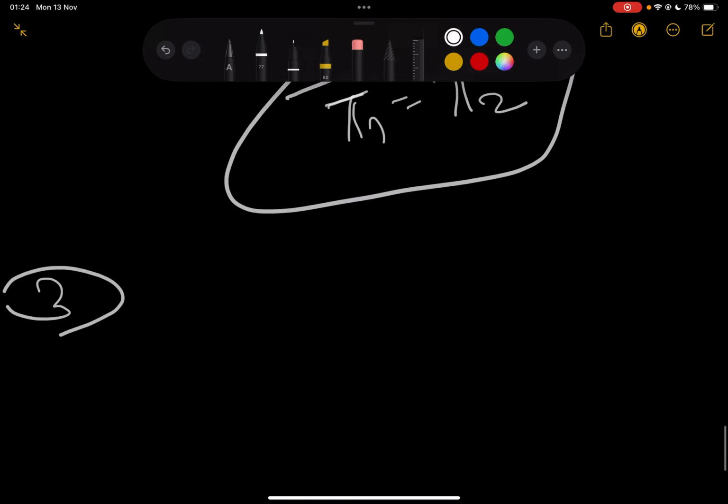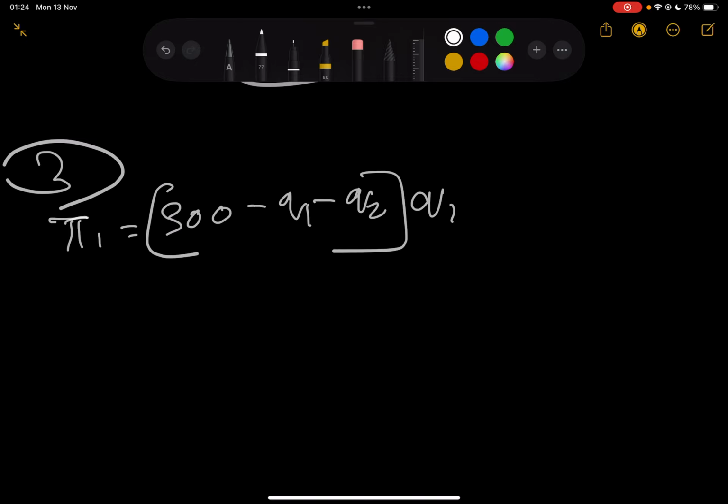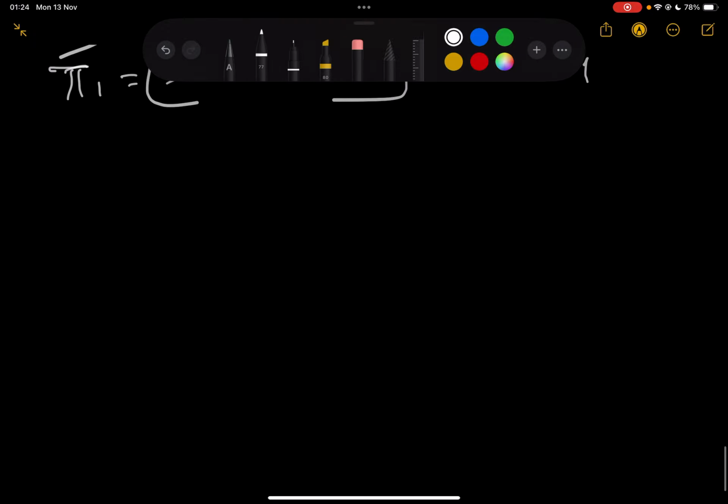If firm 1 cheats firm 2, then the profit of firm 1 is going to be (300 minus Q1 minus Q2) whole bracket times Q1 minus 60 Q1. Just make sure that Q2 is still producing 60 units from our past answers.